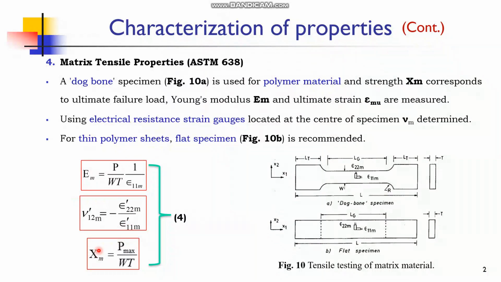The strength of the matrix is the ratio of load to cross-sectional area. Here the load is the maximum load, which gives the maximum value of stress, which is nothing but the strength of the matrix, and the area resisting the force is width times thickness.